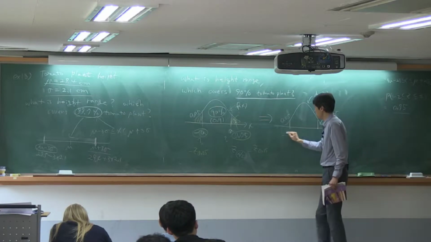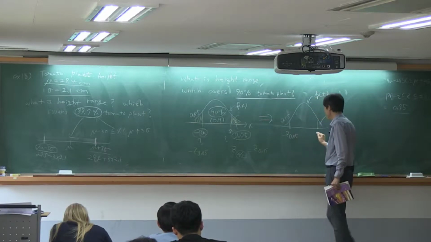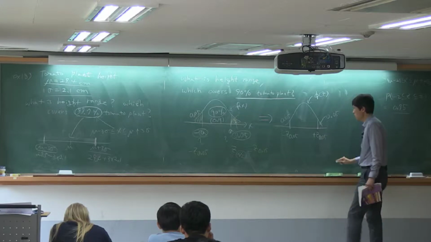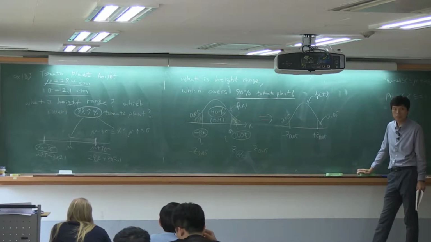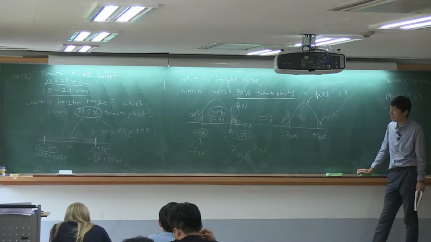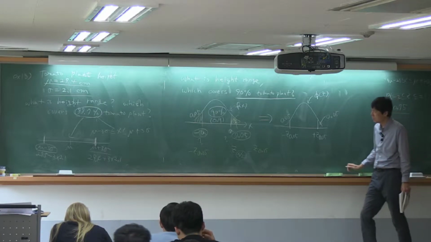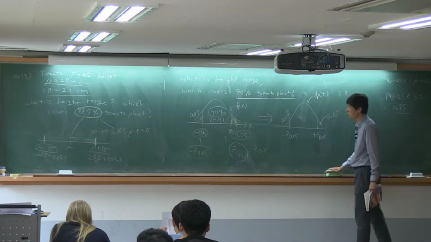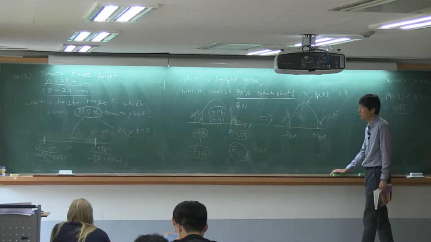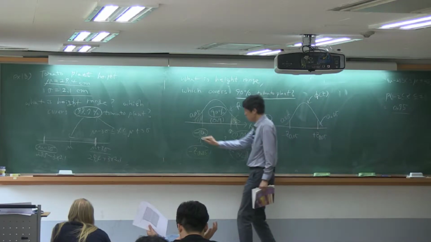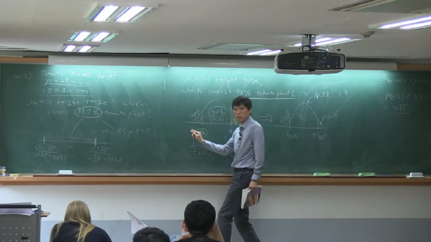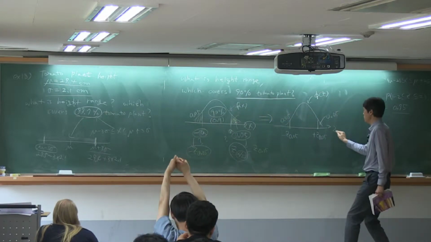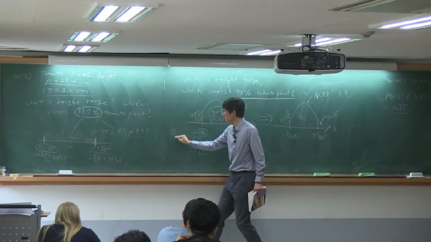The critical point here is minus z 0.05 and this is plus z 0.05. We convert x to z. x is a random variable and z is a random variable with the standard normal distribution.